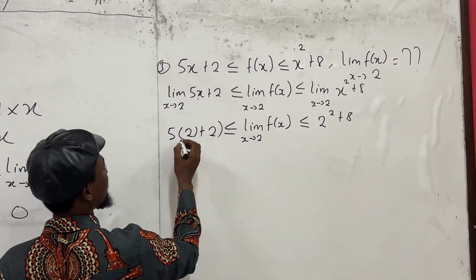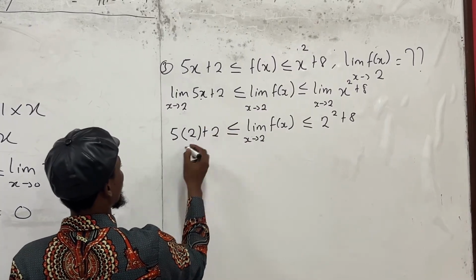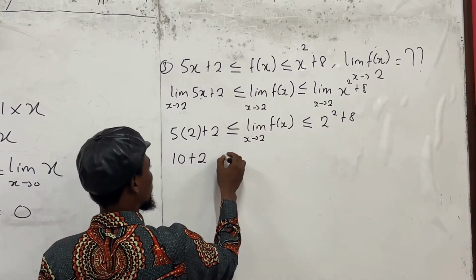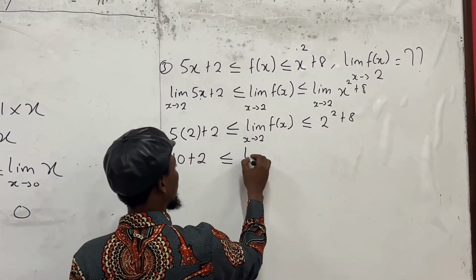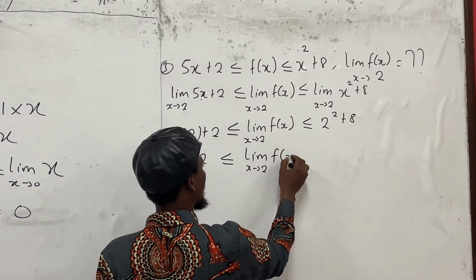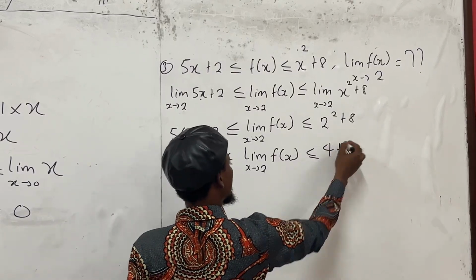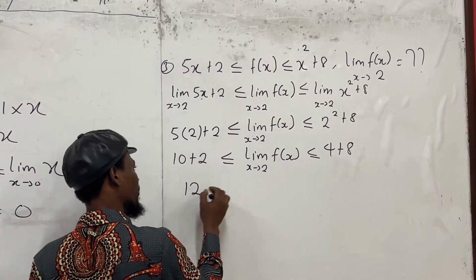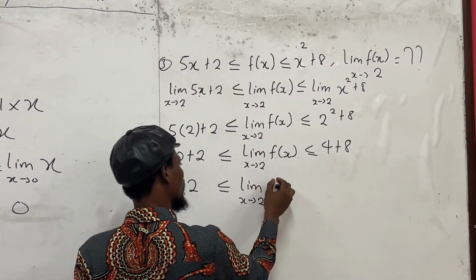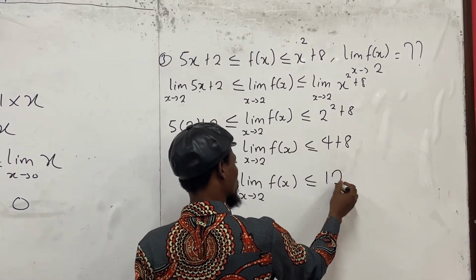So what do we have for this? 5 times 2 is 10, plus 2, less than or equal to the limit as x approaches 2 of f of x, less than or equal to 4 plus 8. So we have 12 less than or equal to the limit as x approaches 2 of f of x less than or equal to 12.